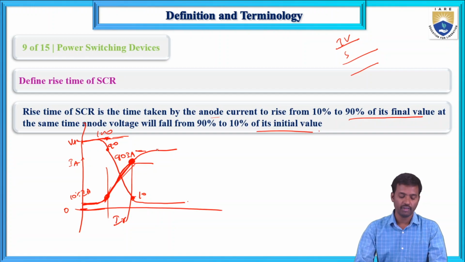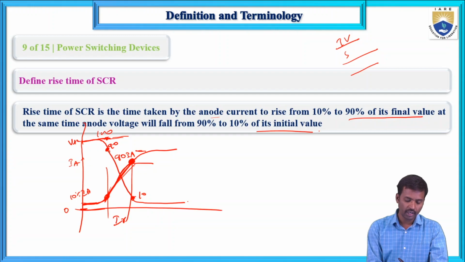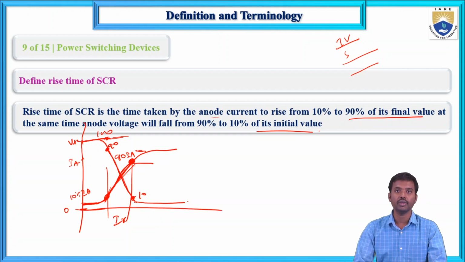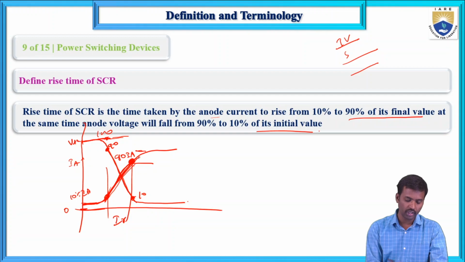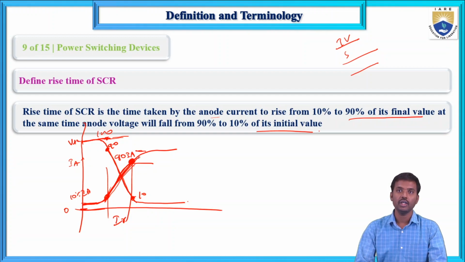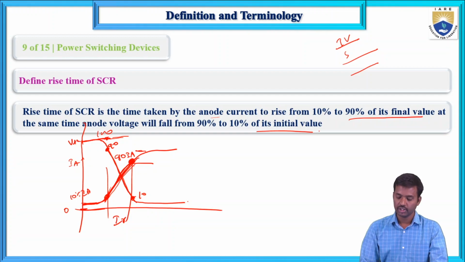There are two ways we can define it: from the anode voltage 90% to 10% of its initial value, and anode current from 10% to 90% of its final value. This time duration is known as the rise time.